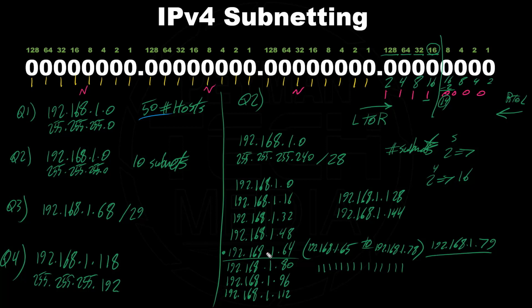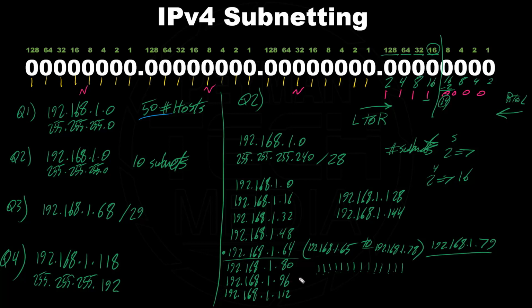Because of the broadcast and the network address we cannot use. So when we do the minus 2, we have the available IP addresses that we can use and assign to the computers on the network. So here there should be 14 available IP addresses. Let's count. 1, 2, 3, 4, 5, 6, 7, 8, 9, 10, 11, 12, 13, 14. So these are the 14 available IP addresses. Of course, it goes from 1.65 to 1.78 on this subnet.